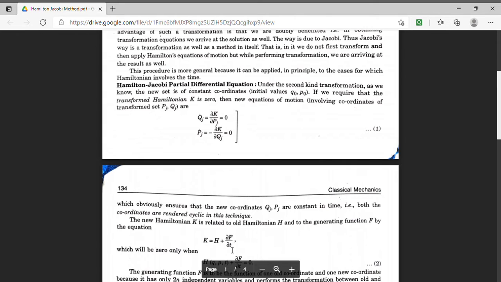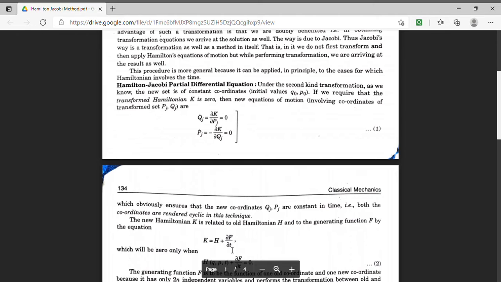The first form was F1, dependence on small q, capital Q and T. The second form was F2, dependence on small q, capital P and T, and the third form was F3, small p, capital Q and T. And the fourth form of generating function was F4, dependent on small p, capital P and T.